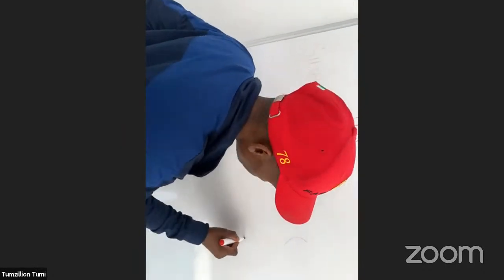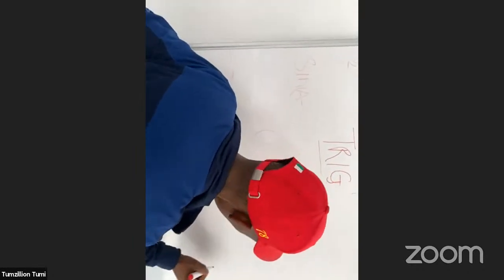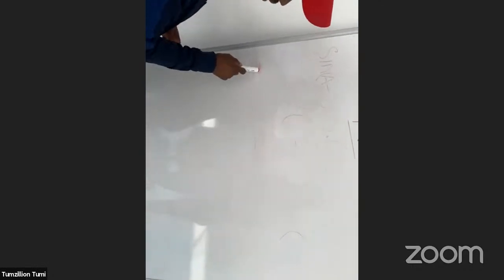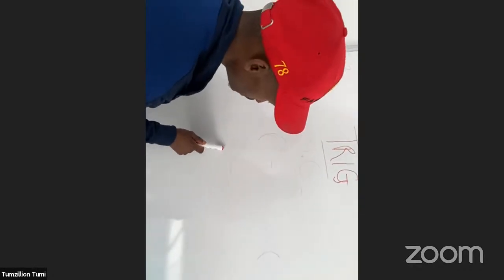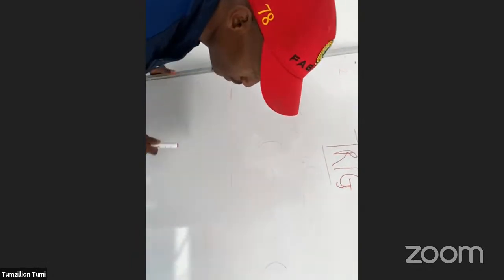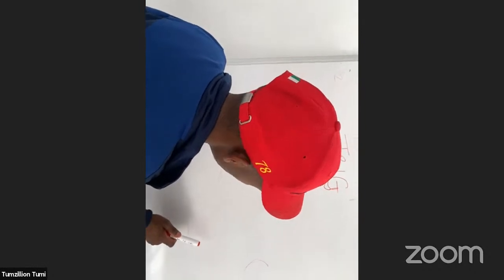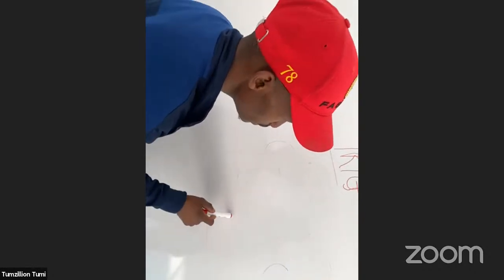So you're going to get negative sine A. Can you write it in your book, even though you are not seeing what I'm writing because of my marker? This is negative sine of 360 minus A, and the negative sine of A.